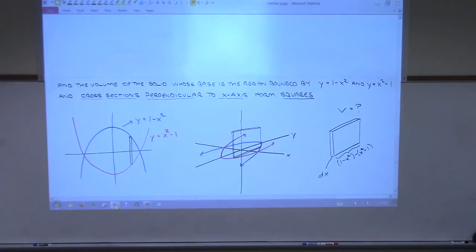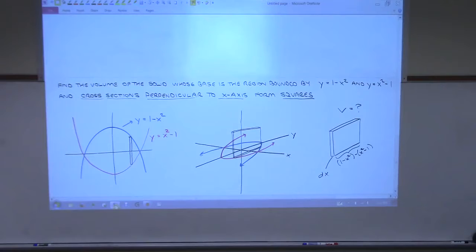So we're going to start first by understanding the region that we're talking about that forms the base, and that's the region bounded by these two. And that's exactly what I just had up on the screen a second ago. So it really doesn't matter which one we color blue and which one we color red. But I'll just do this one. Which of the two functions is that one?